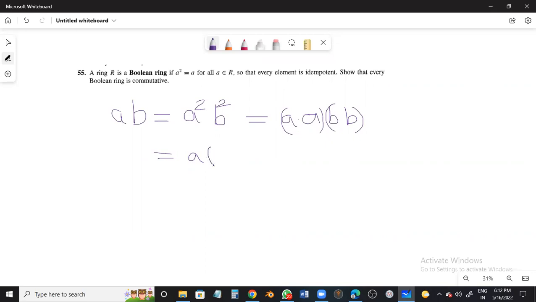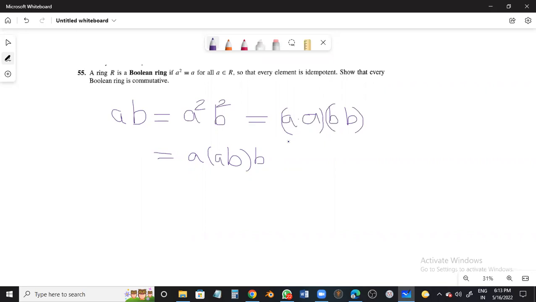And this will be AB into B. So what we are saying? No, this will not work. So how will you go?